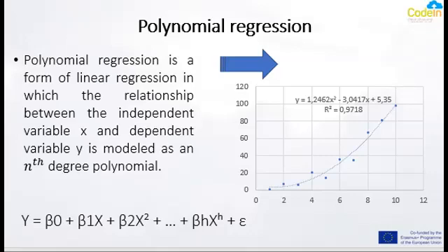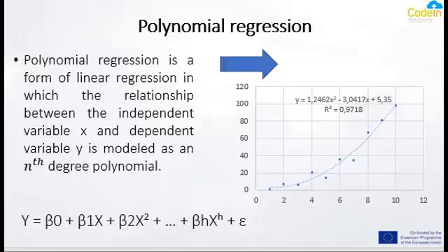The main difference between polynomial regression and linear regression is that polynomial regression can model nonlinear relationships between the independent and dependent variables, while linear regression can only model linear relationships.